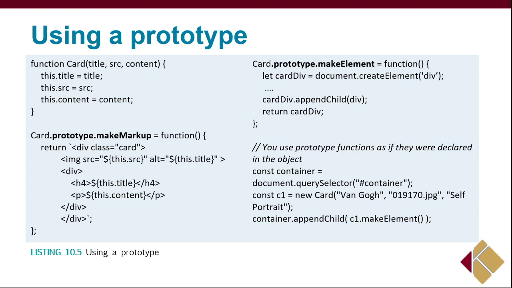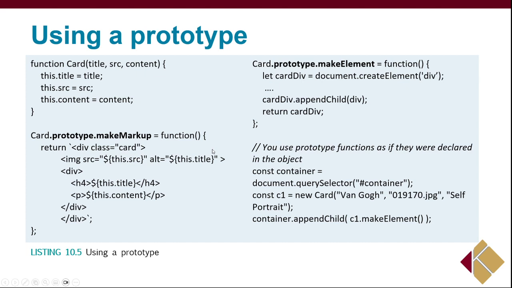So card.prototype.make markup. What that does is this is basically your inner HTML, right? So it's a function, it's got to be called as a function, and then it returns your markup.